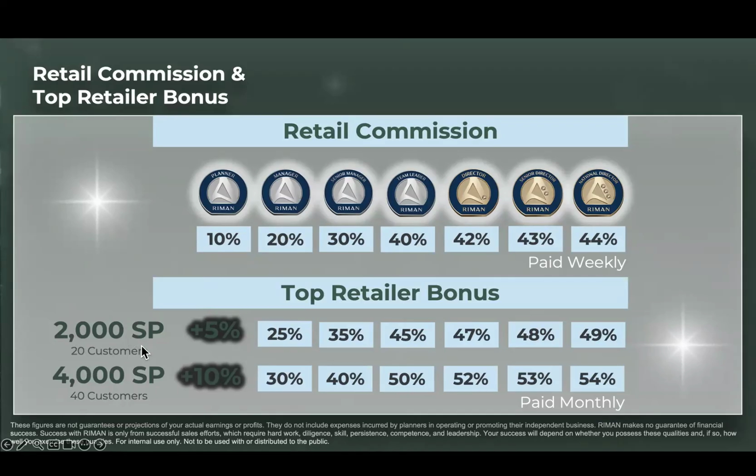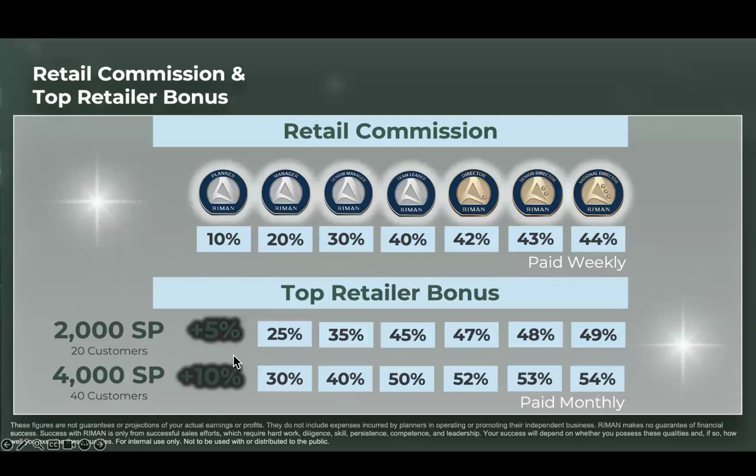Now, 20 people don't have to buy. These are just 20 accounts that are opened for free with an email and their name. And if you can do 2,000 SP, it's going to unlock an additional 5% on top of your 20%, 30%, 40%, 42%, 43%, 44%. So you scoop up an additional 5% on top of your retail commission, right?